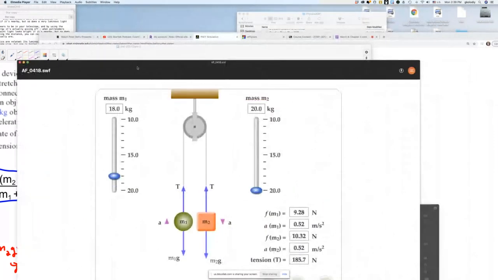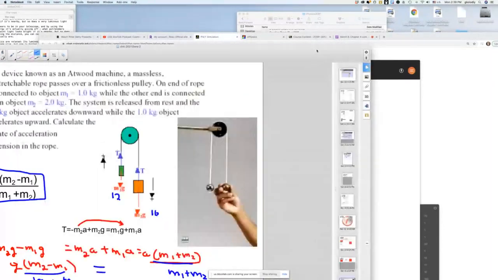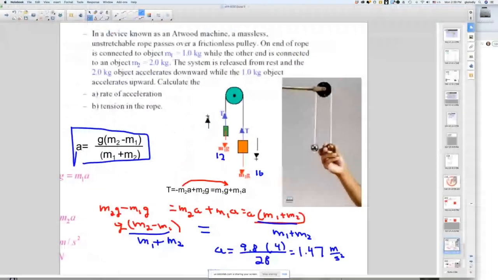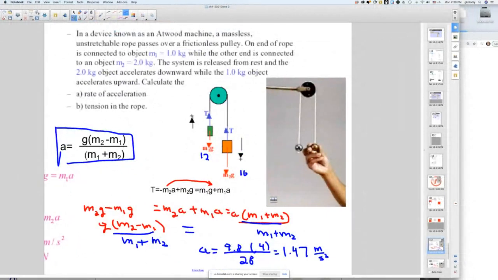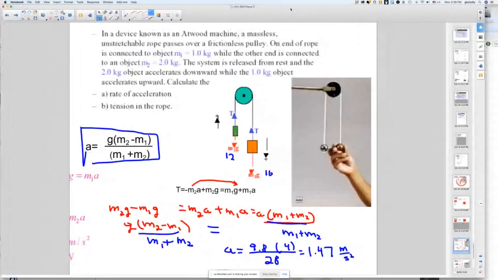So this finishes off this chapter, ladies and gentlemen. It's the last problem. And so we are going to move on to chapter 5.